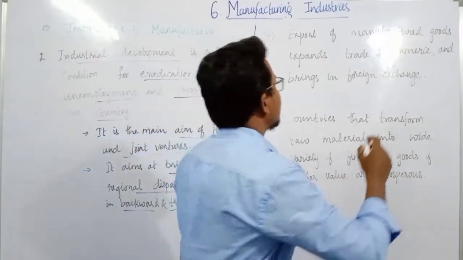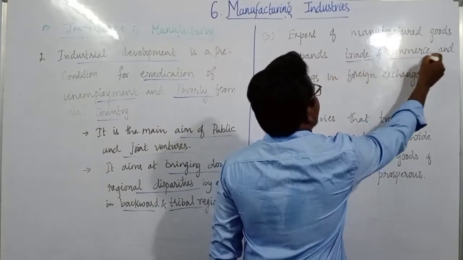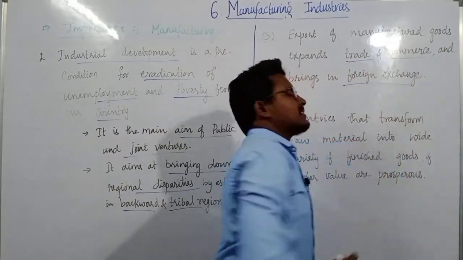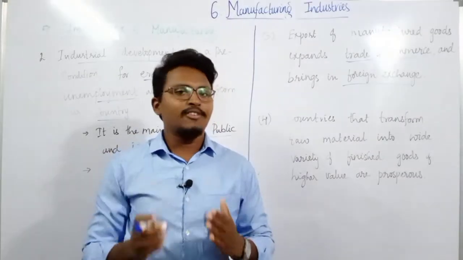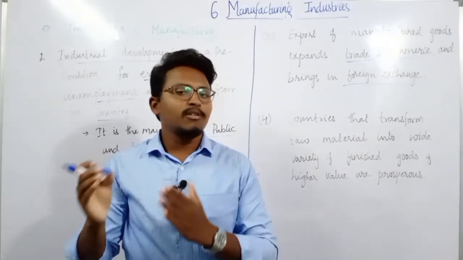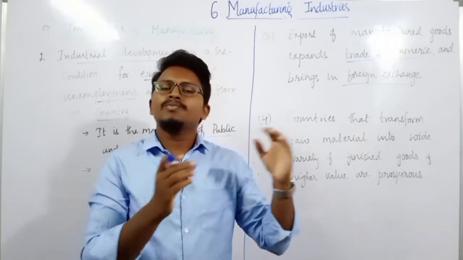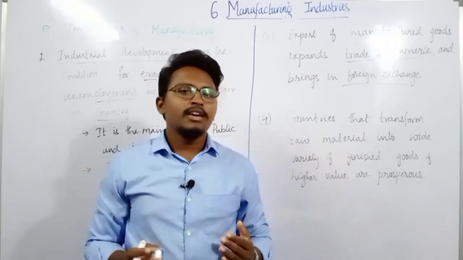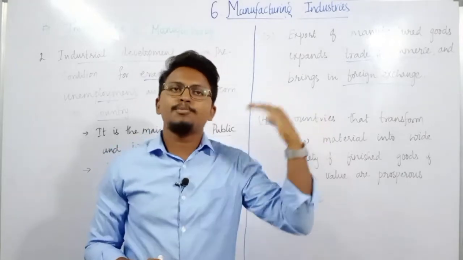Then the next thing is that export of manufactured goods expands trade and commerce and brings in foreign exchange. That means if more and more manufacturing is taking place, more goods will be produced. More goods produced means we can do trading. If they are in excess, we can also sell them abroad. That means we can export the goods.